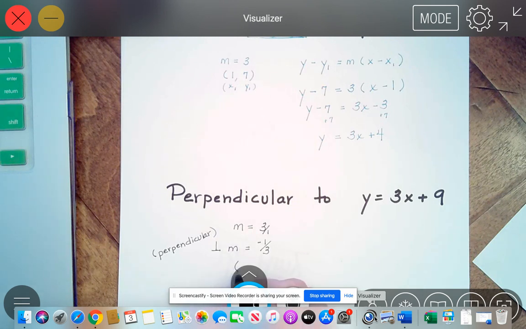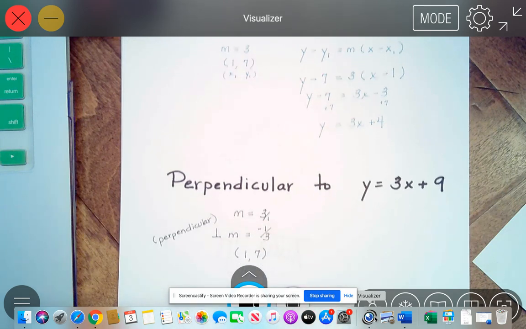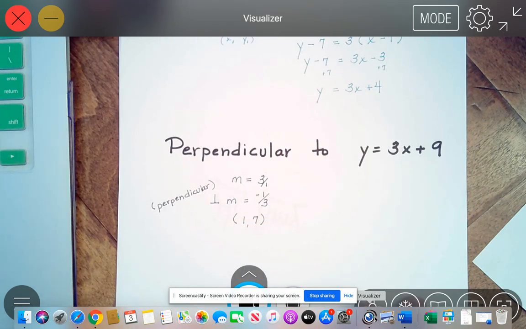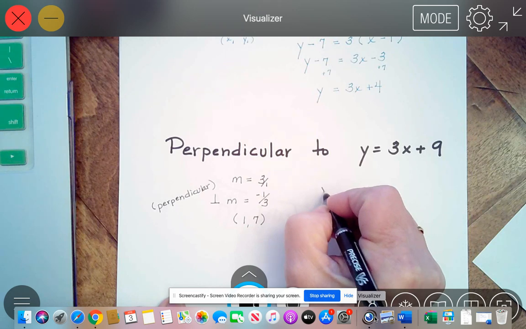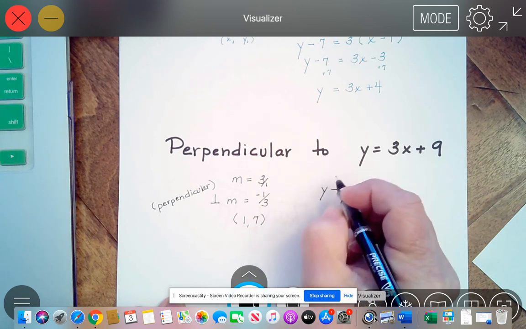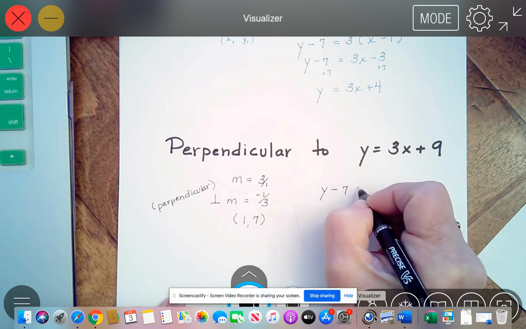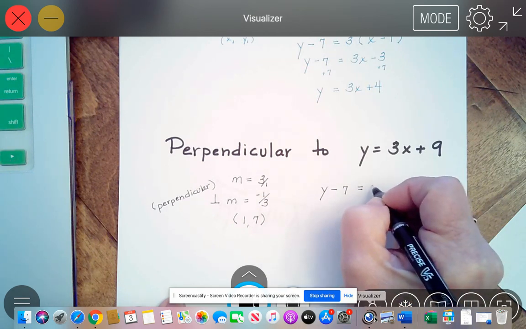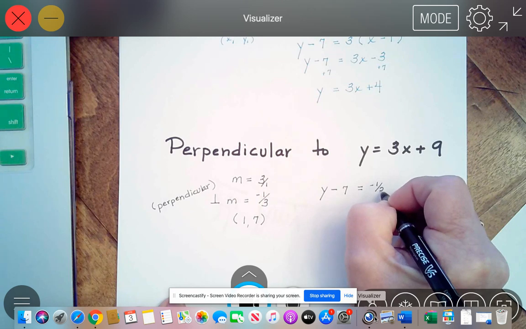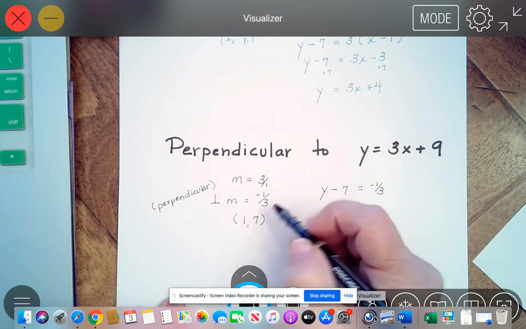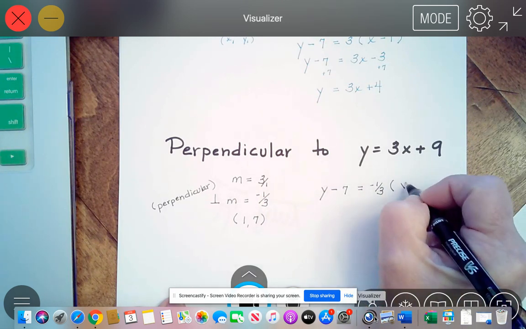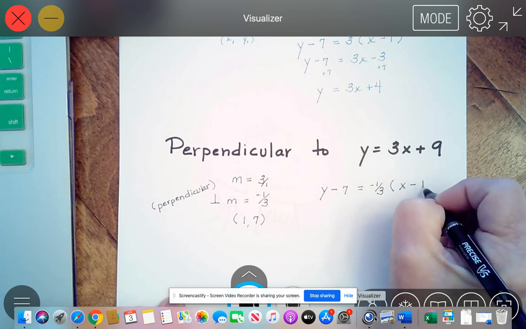I'm going through the same point, (1, 7). So I'm going to put it into the same formula. So I have y minus my y1, which is 7, is equal to the slope that's perpendicular, negative 1/3, times the quantity x minus 1.